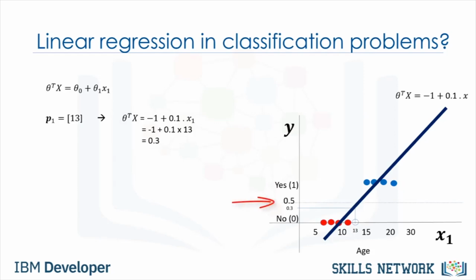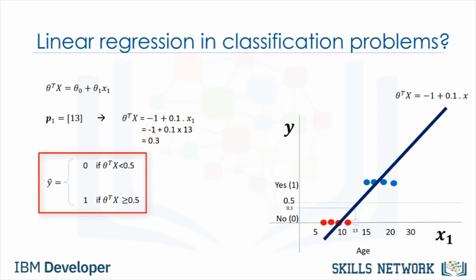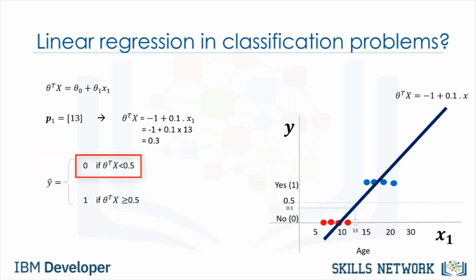Now we can define a threshold here, for example, at 0.5 to define the class. So we write a rule here for our model, y hat, which allows us to separate class 0 from class 1. If the value of theta transpose x is less than 0.5, then the class is 0.